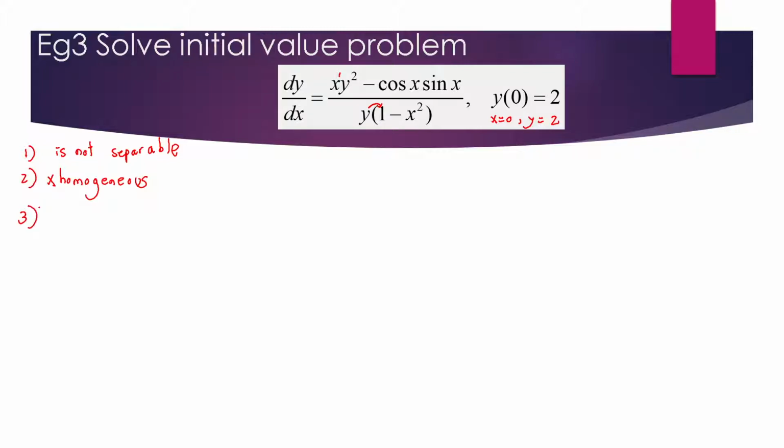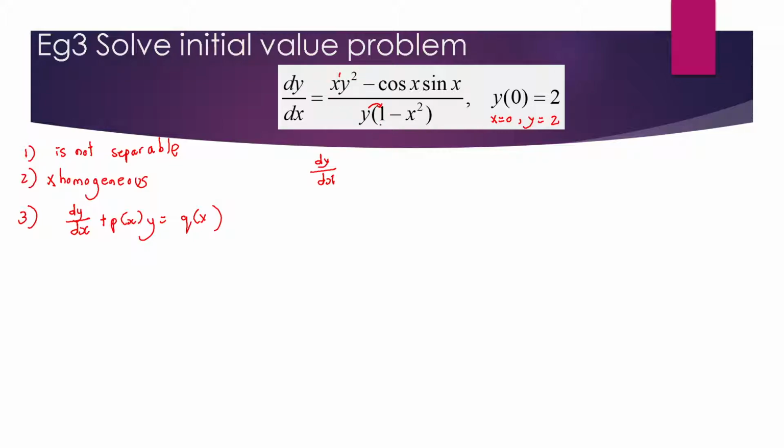Third, we check whether this is a linear differential equation. For a linear differential equation, you can always change it to the form dy dx plus P(x)y equal to Q(x). Is it possible to break it? Let's say you have the form dy dx, we want y power 1.